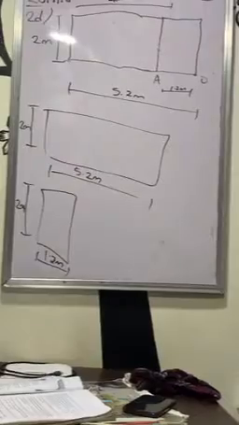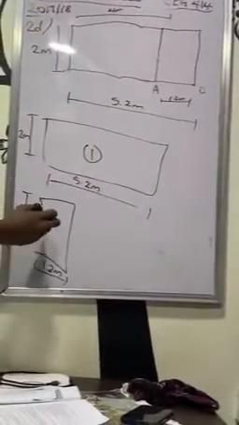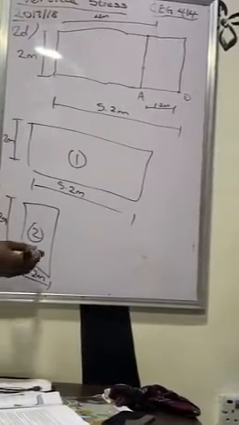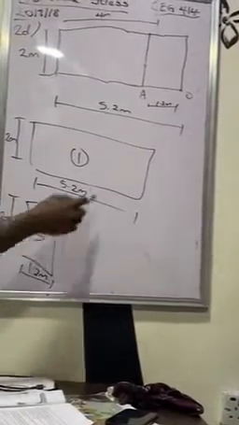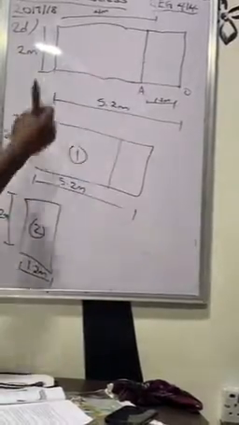So the logic behind this is, for this rectangle 1, you find the change in vertical stress. For this rectangle 2, you find the change in vertical stress. Then you subtract 2 from 1, which is like you are cutting out this part from this rectangle, which will give you the normal footing itself.